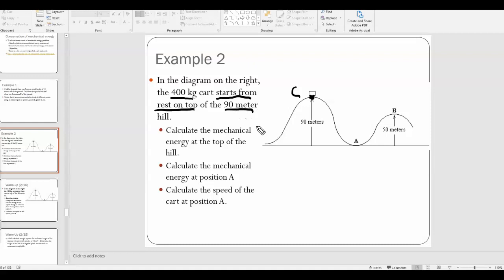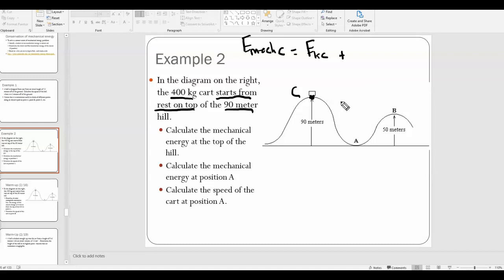Okay, now the first question says calculate the mechanical energy at the top of the hill. Okay, that is, calculate the mechanical energy at point C. So the mechanical energy at point C, I'm going to write E mech C, by definition, would be equal to the kinetic energy at C plus the potential energy at C. Now, there's spring potential energy and there's gravitational potential energy, but in this case, there's nothing in the problem having to do with the spring.